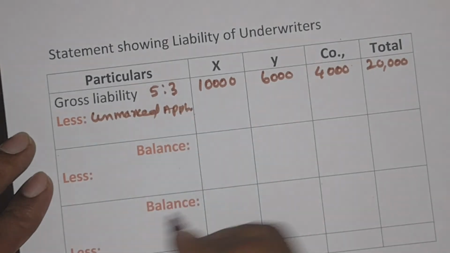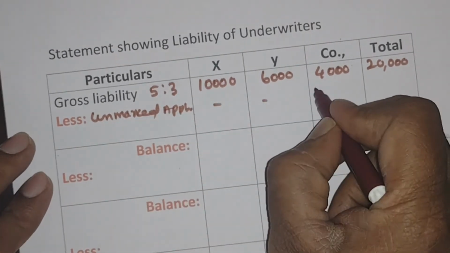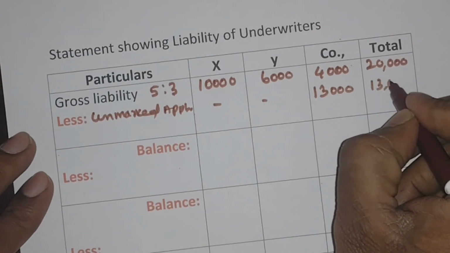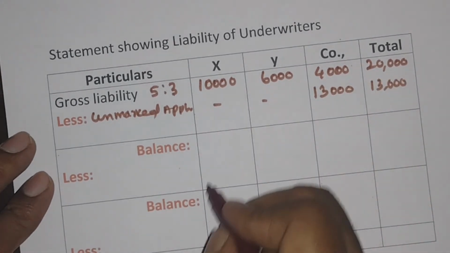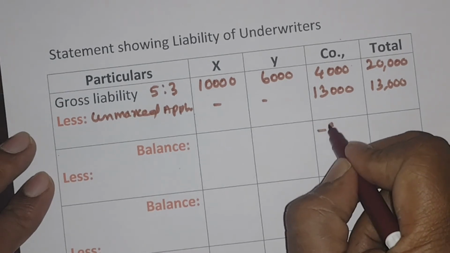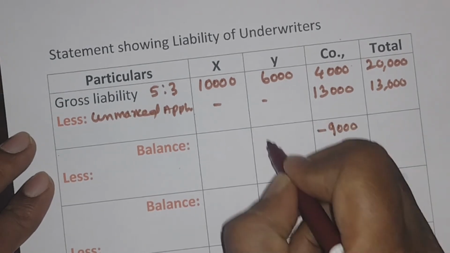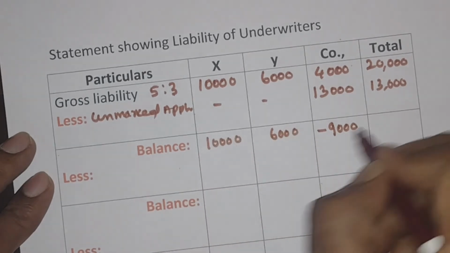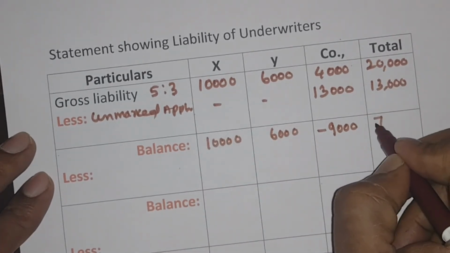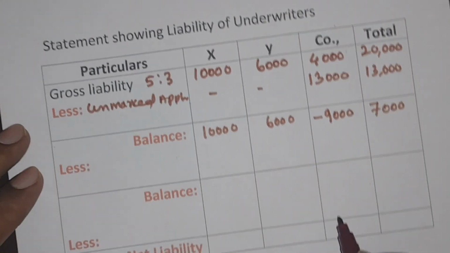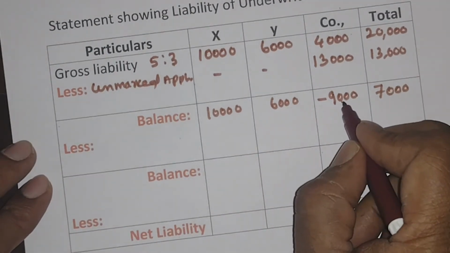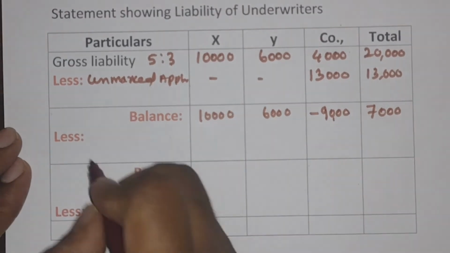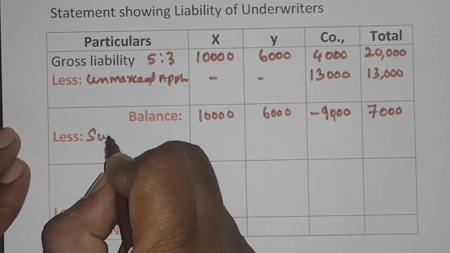The total unmarked application we got is 13,000 shares. When we subtract 13,000 shares from the company's 4,000, we get minus 9,000, and for the others it is 6,000 and 10,000 as it is. 20,000 minus 13,000 is 7,000. Now this 9,000 we should distribute to X and Y as a surplus.